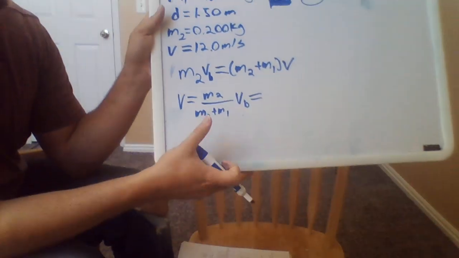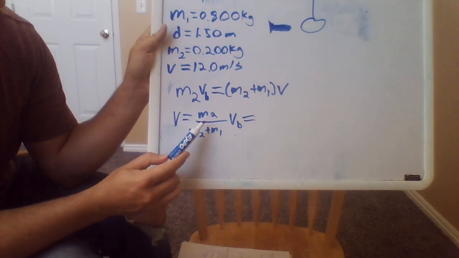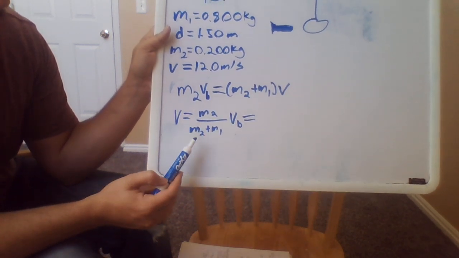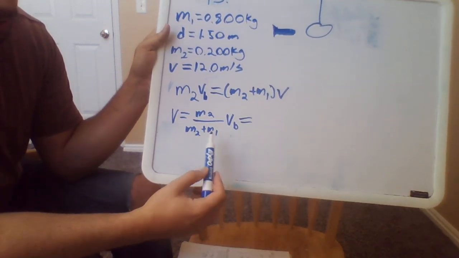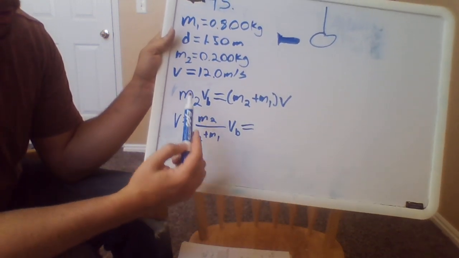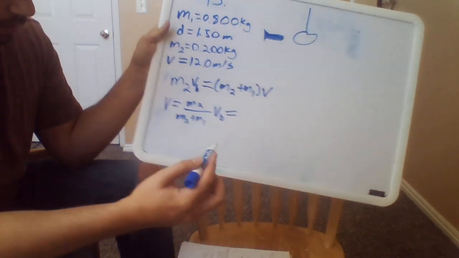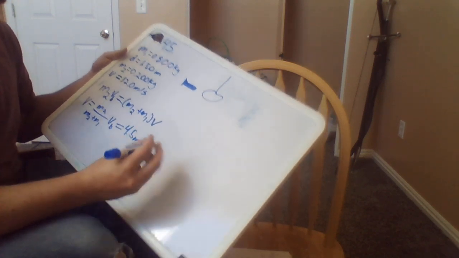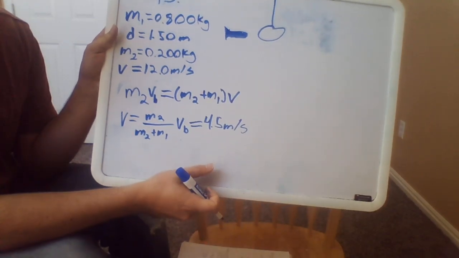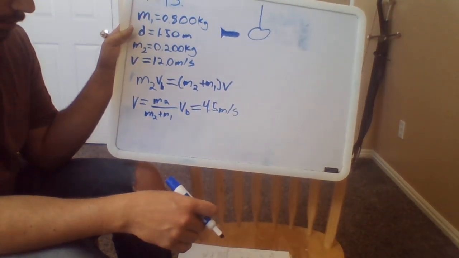The velocity is equal to the mass of the bullet, or missile, divided by the mass of the missile and ornament together, times the velocity of the missile. If you plug everything in, that comes out to 4.5 meters per second. That's the velocity when they're both connected.